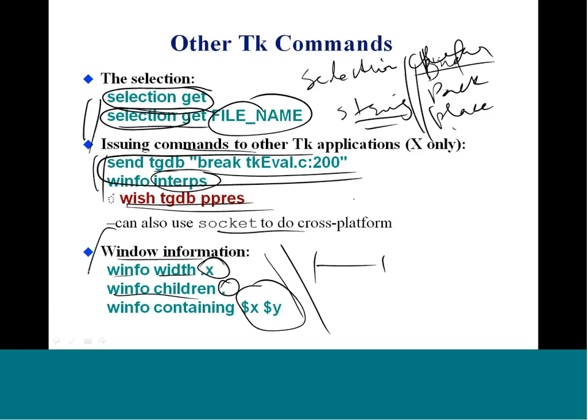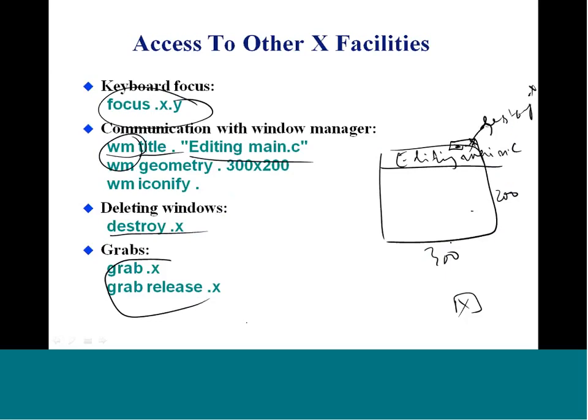And then we can also get windows information, that is winfo width, winfo children, winfo containing $x, things like that. And then we can also access the keyboard focus using the focus command.